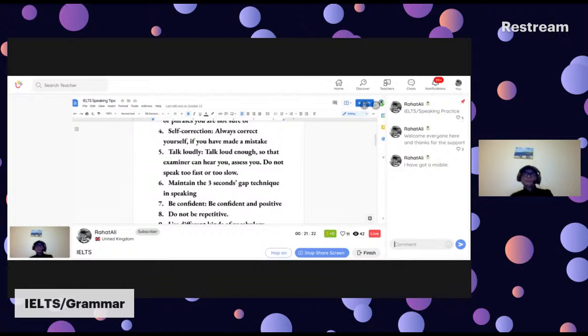One of the students was from Bangladesh, and he said, "Teacher, I need 6.5 at least in the speaking." When I took his test, I said to him, "Look, possibly you're not going to get more than 6," because he had grammatical inaccuracy, the first problem. He had a fluency problem, the major problem.